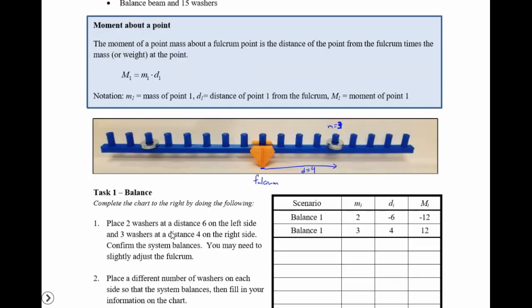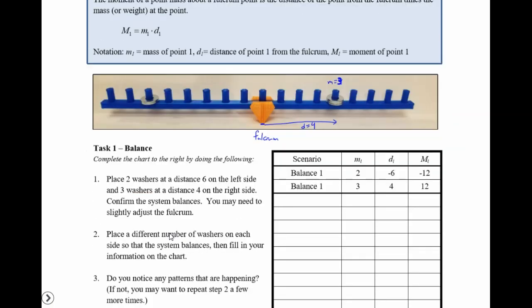What I've done below in this chart is give you an idea of one scenario where things are going to balance. If I have a mass of 2 washers at a distance of -6, that's right over here. We're thinking this whole distance across here is going to be -6, since I'm going left.